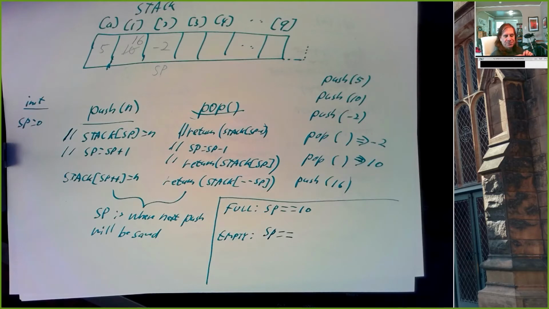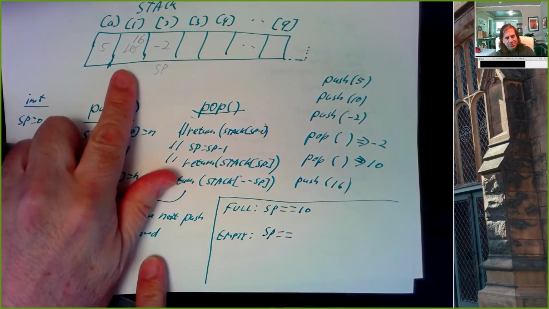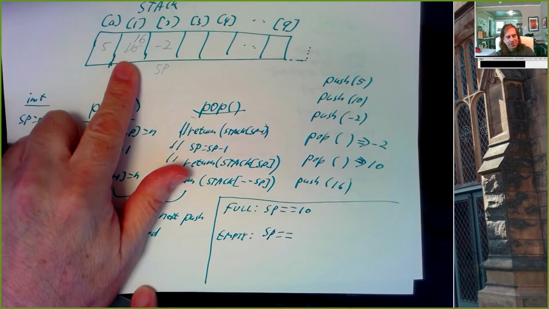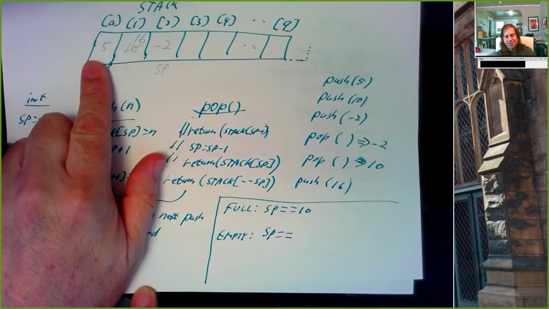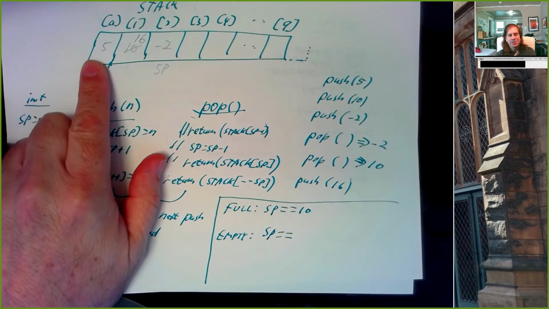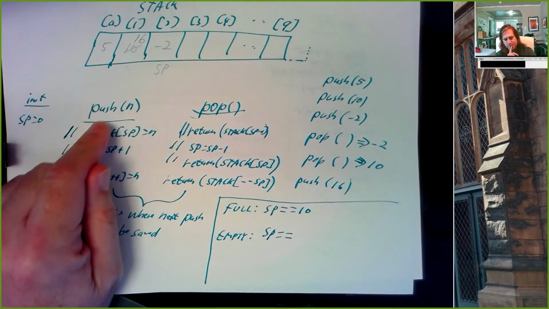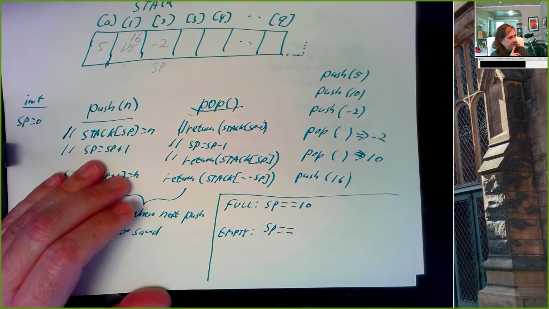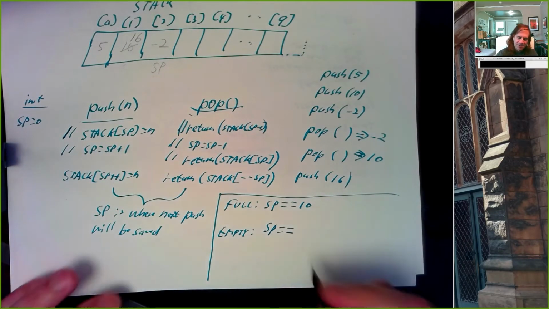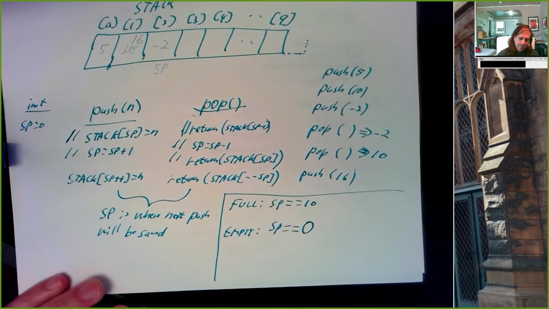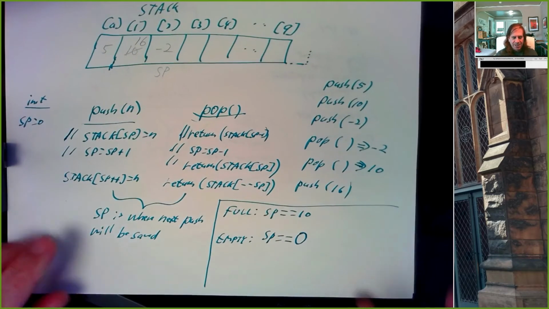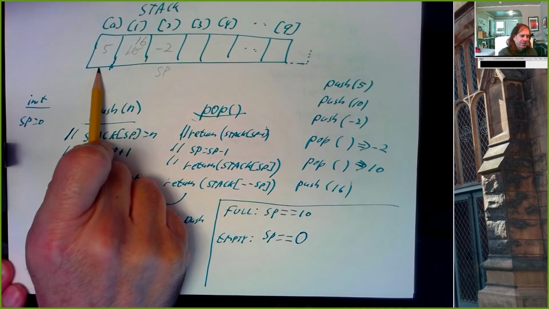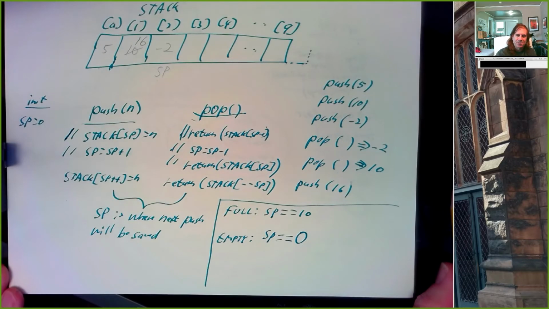It's always one of those for these kinds of questions. If the stack pointer is 1, the stack pointer is where the next push will be saved. Stack pointer 1 means the next thing we push is going to go here, which means there's still one thing back here. So it's not quite empty yet. But if the stack pointer is 0, that means the next thing that we push is going to go right here, which means there's nothing in here stack-wise to begin with. That's when our stack is completely empty.